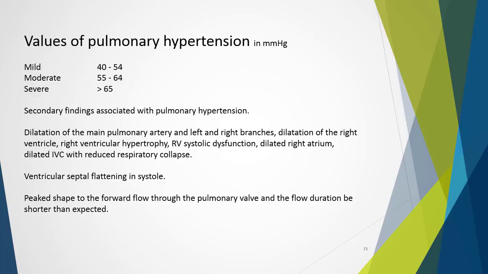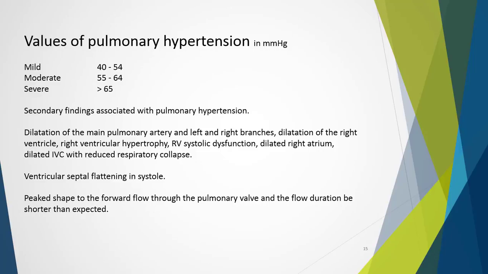Secondary findings may be associated with significant pulmonary hypertension. The sonographer may observe dilatation of the main pulmonary artery and left and right branches, dilatation of the right ventricle, right ventricular hypertrophy, RV systolic dysfunction, dilated right atrium, dilated IVC with reduced respiratory collapse.